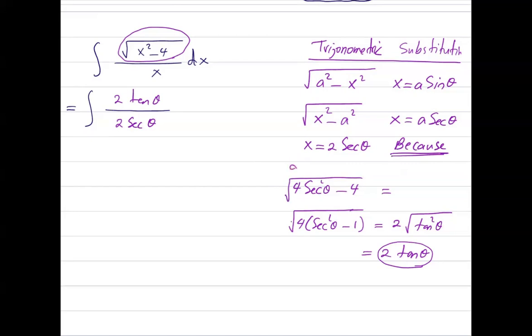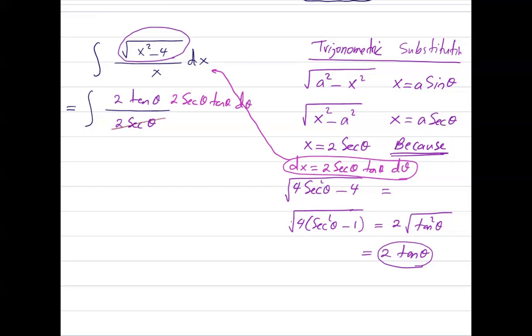And dx is 2 secant theta tangent theta d theta. So as you can see, you can easily get rid of 2 secant and 2 secant. What's left? You're left with 2 times the integral of tangent squared of theta d theta.